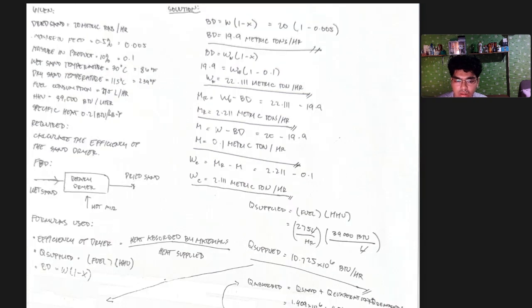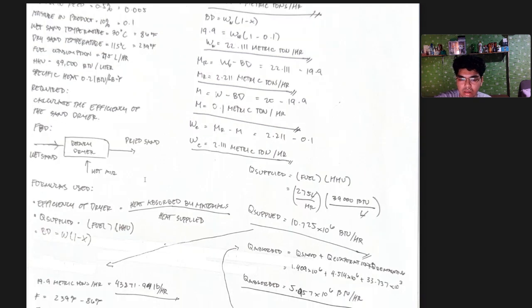For this, the free body diagram: wet sand enters the rotary dryer while hot air is inside, then dried sand comes out. For the formula to use, efficiency of the dryer is equal to heat absorbed by the materials over heat supplied.